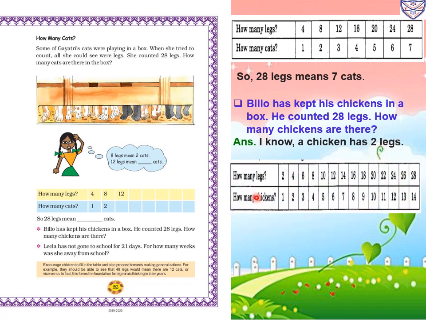So one chicken has 2 legs, then 2 chickens 4, then 3 chickens 6, 4 chickens 8, 5 chickens 10, 6 chickens 12, 7 chickens 14, 8 chickens 16, 9 chickens 18, 10 chickens 20, 11 chickens 22, 12 chickens 24, 13 chickens 26, and for 14 chickens how many legs are there? 28. So 28 legs means 14 chickens.